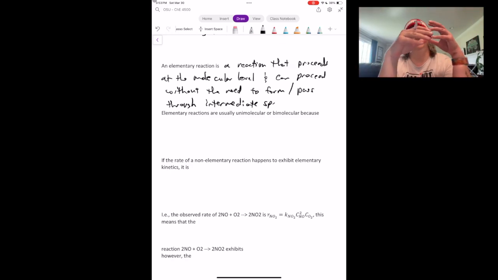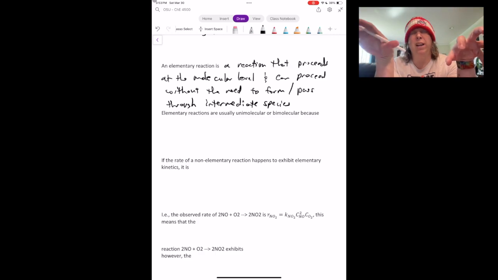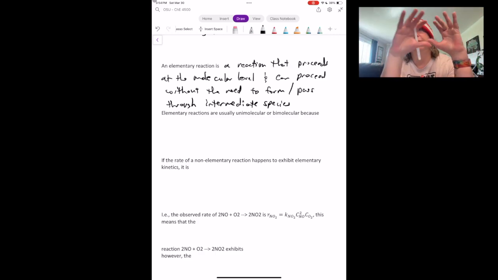So an elementary reaction goes directly from reactants to products. There's no need to form any intermediate species.